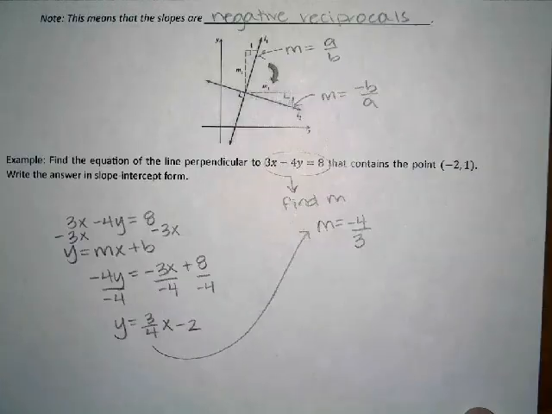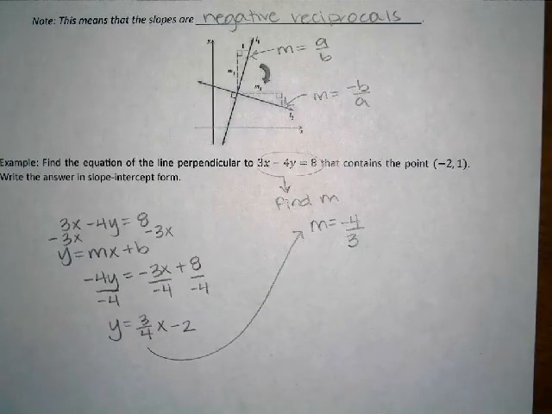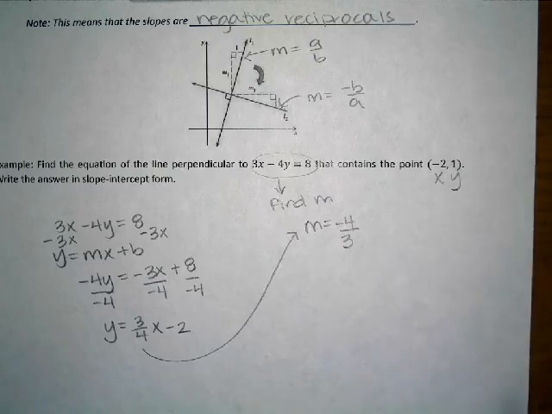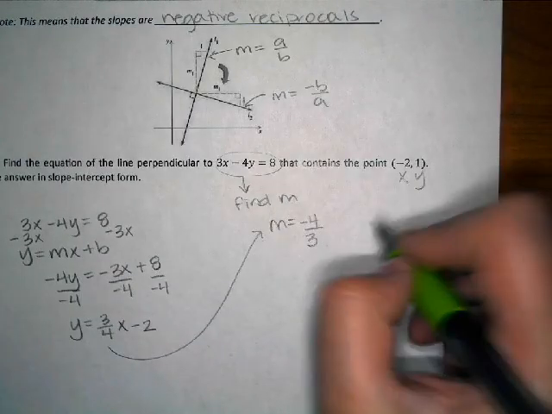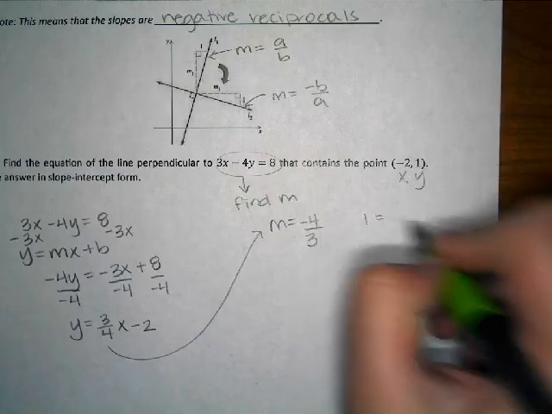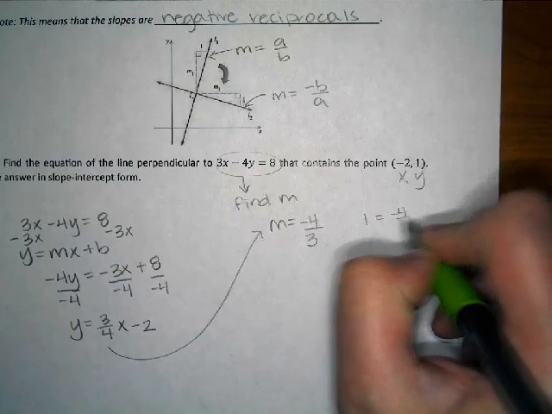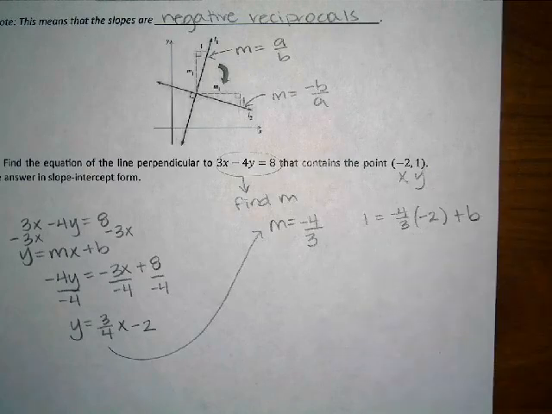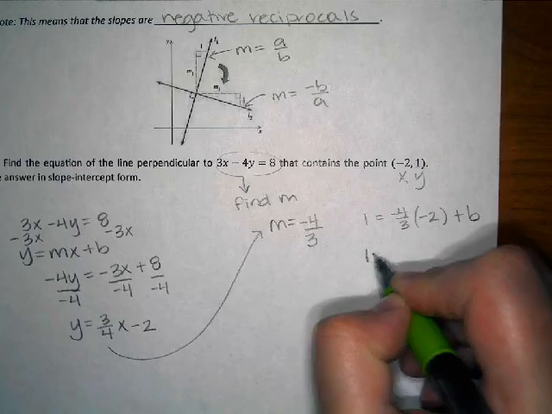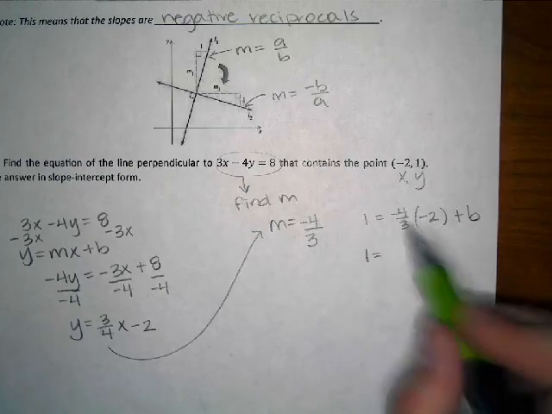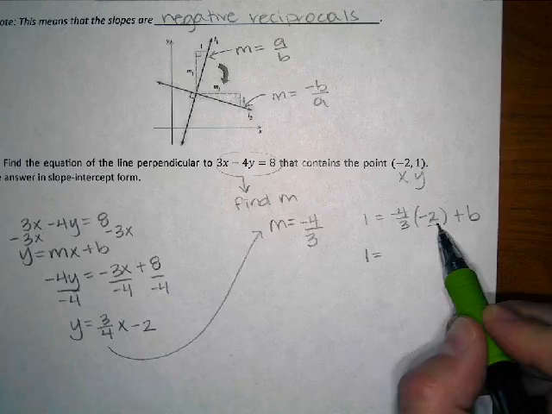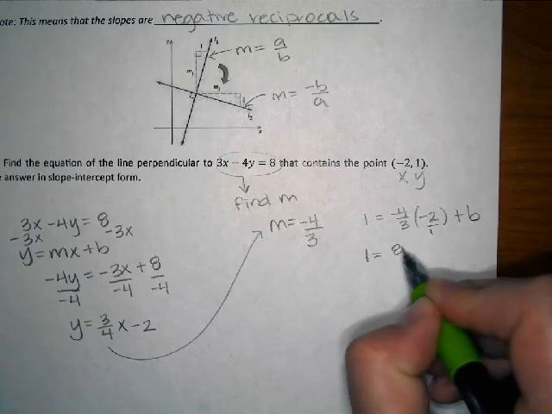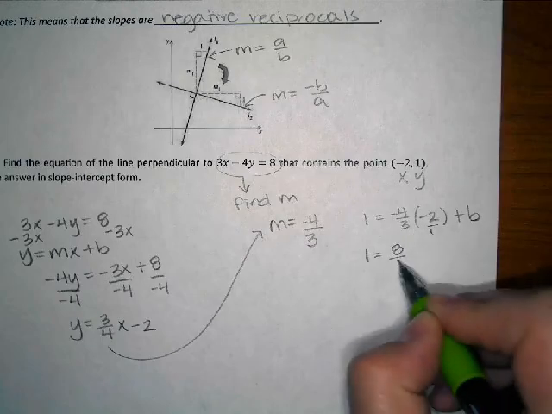Okay, and then we have an x and a y coordinate, and we just have to find the b value. So y equals m times x plus b. 1 equals, so if I multiply these together, I'm going to take this whole number, I'm going to make it a fraction. Multiply the numerators, that's 8. Multiply the denominators, that's 3. Okay, so I have 1 minus 8/3.